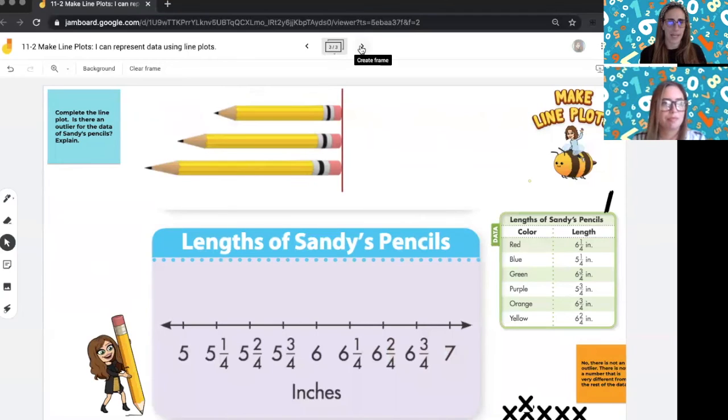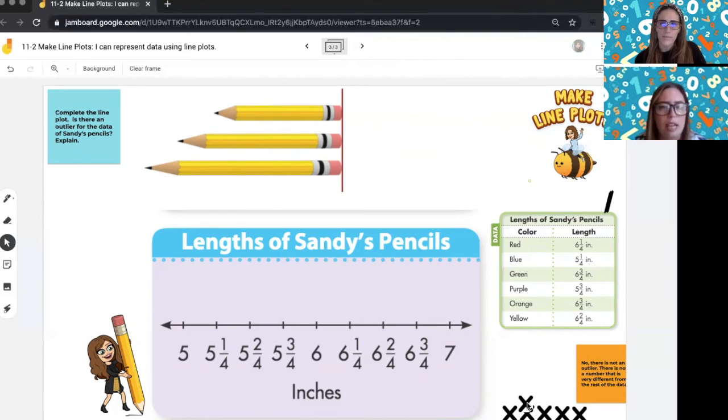Complete the line plot. Is there an outlier for the data of Sandy's pencils? Explain. Okay, so here we have data on the length of Sandy's pencils, and we have a data chart there. So what we can do is use X's to plot the data on our line plot.